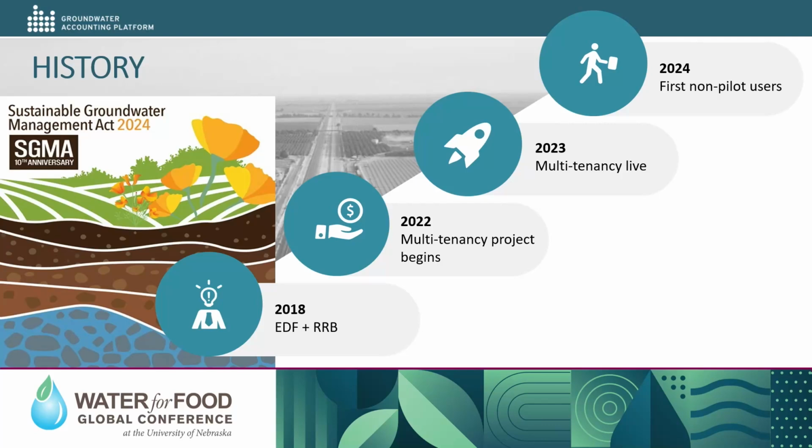About $2 million went into development and or redevelopment of some of these tools. And that started with adding 4 additional pilot users to the original 1 user. So we had 5 users involved in the development through those last couple of years, and now have branched out beyond those pilot users.